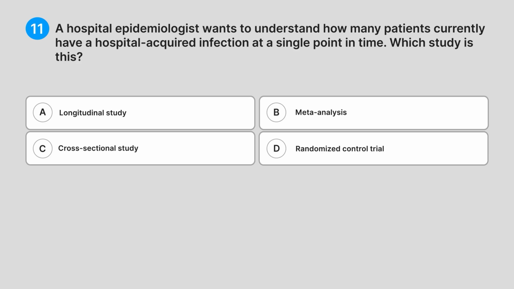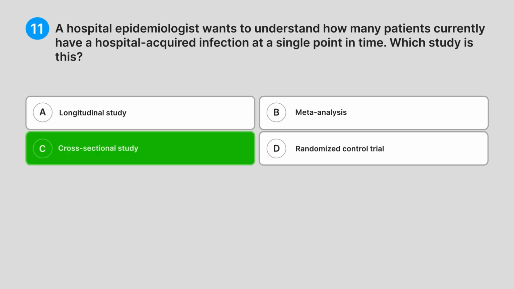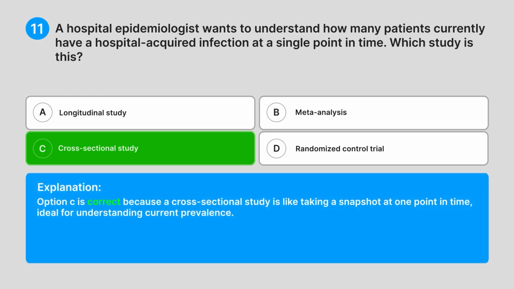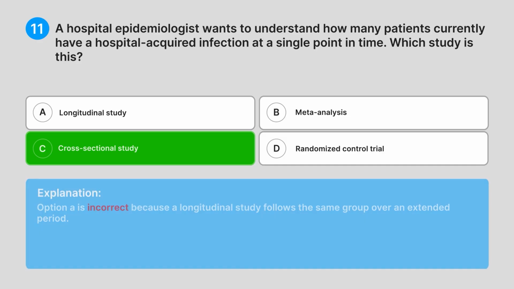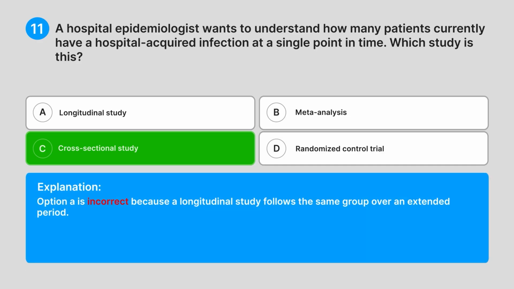Correct answer, C. Cross-sectional study. Explanation: option C is correct because a cross-sectional study is like taking a snapshot at one point in time, ideal for understanding current prevalence. Option A is incorrect because a longitudinal study follows the same group over an extended period.